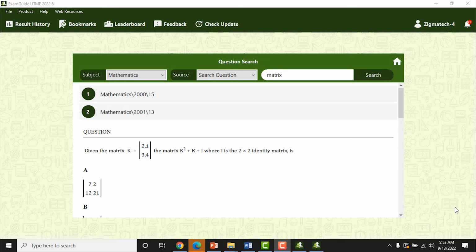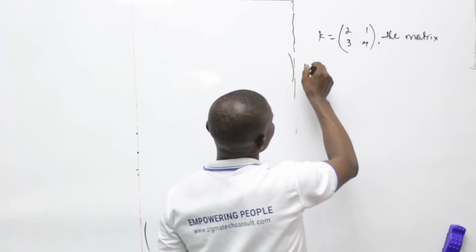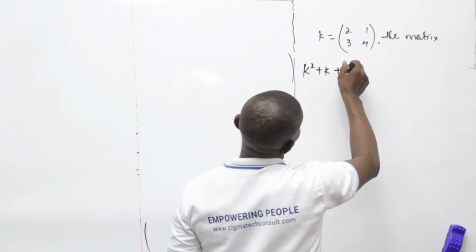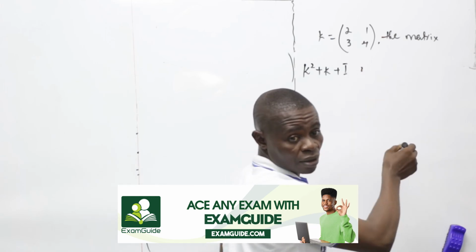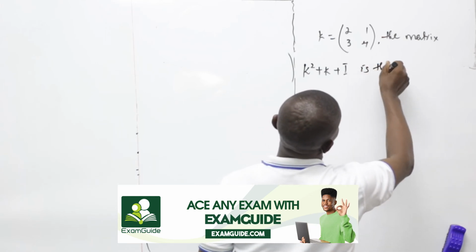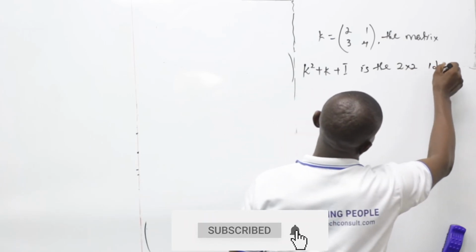Given the matrix K equals 2, 1, 3, 4, then the matrix K square plus K plus I, where I is the 2 by 2 identity matrix.